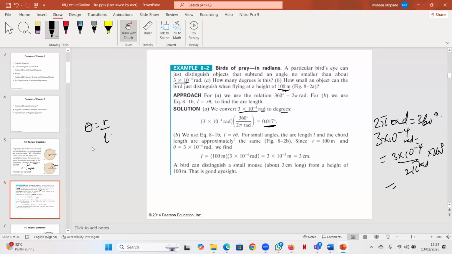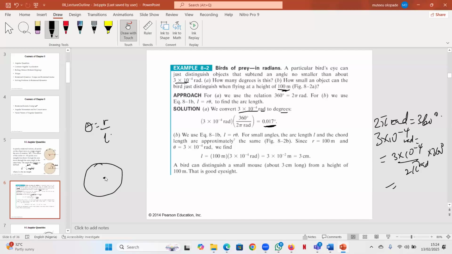So from here now, the question says the bird is flying at a height of 100 meters. So if it's flying at a height of 100 meters, we already know our R, because we have the surface of the earth now.